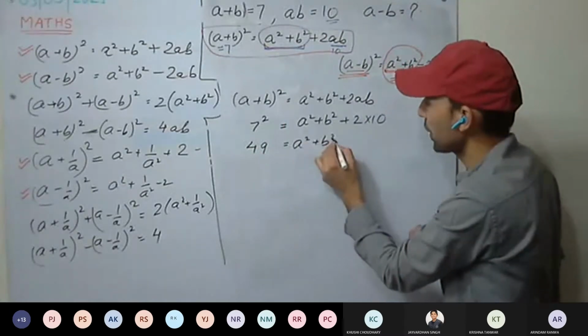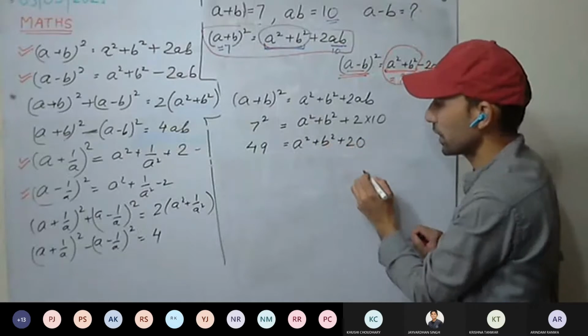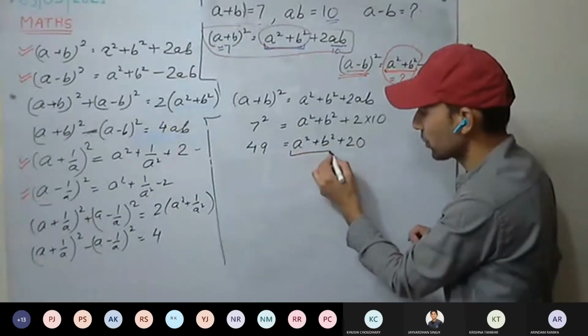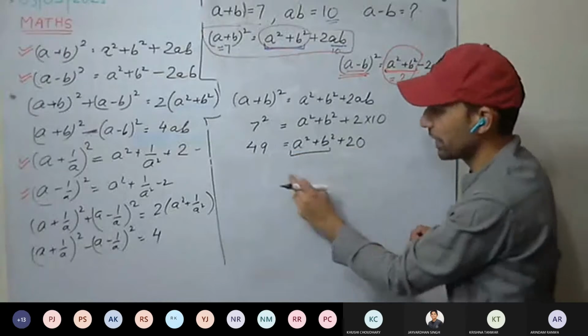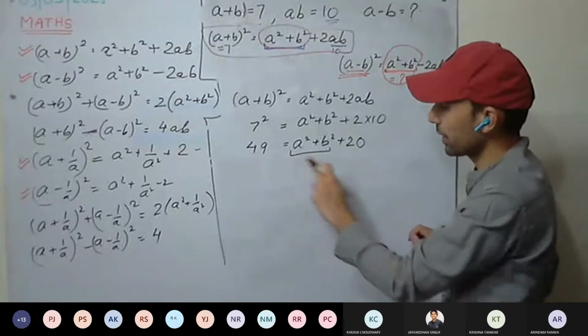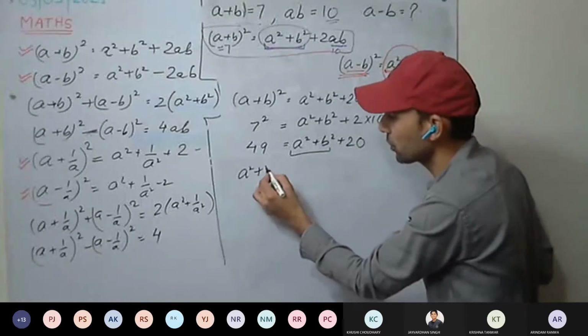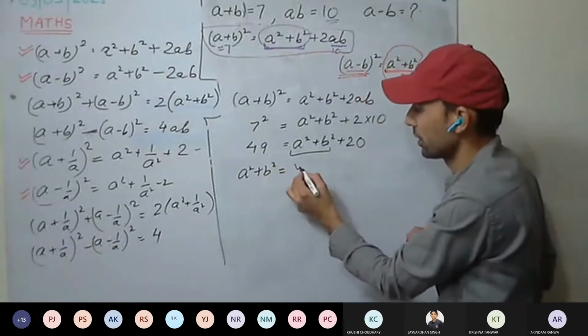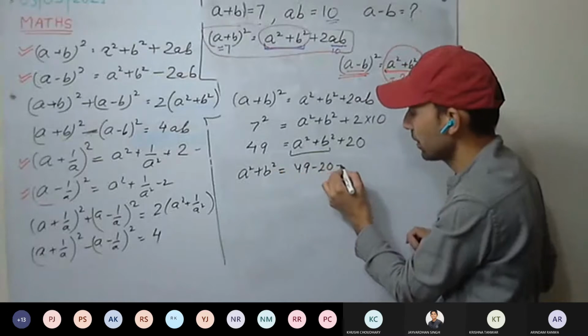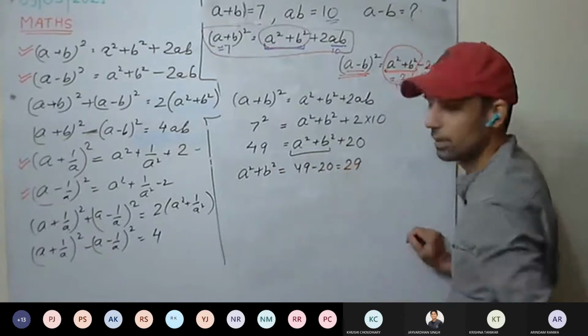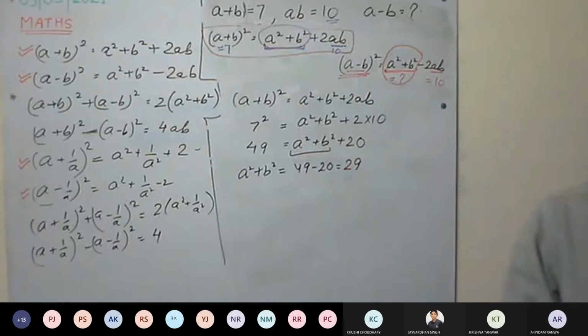A square plus B square plus 20. So what will be the value of A square plus B square? 20 we take on the left hand side: 49 minus 20. So A square plus B square equals how much? 29.